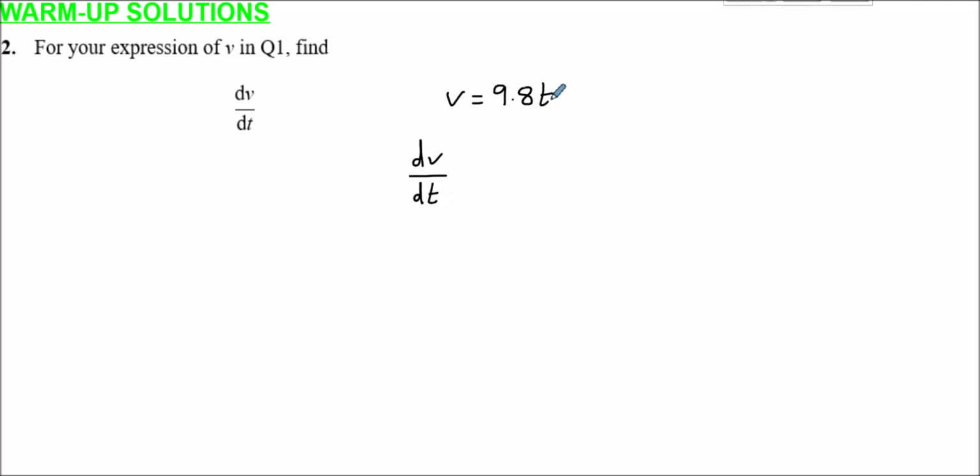The t will vanish. So we get dv by dt is 9.8. Just think about what 9.8 represents. That's the acceleration, in particular the acceleration due to gravity. So when we differentiate the velocity with respect to time, we arrive at the acceleration of the particle. So maybe just think that dv by dt might give us the acceleration.